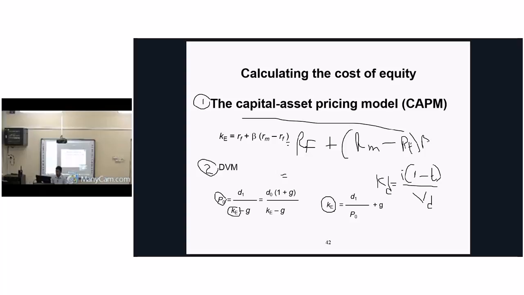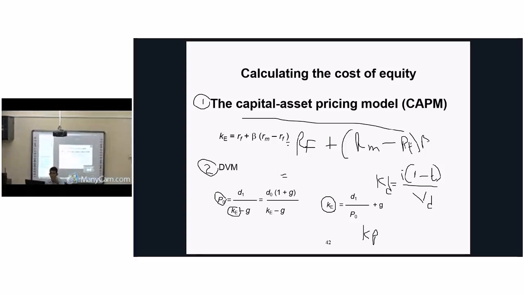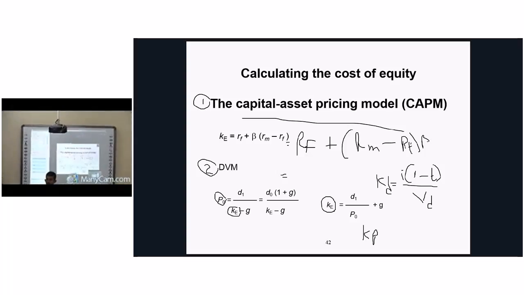And how do you calculate the cost of preference shares? We call this KP. What is the cost for preference shares? Cost means in return, when you issue preference shares, what we should give, that is the cost for the business. If the company issues preference shares, we have to give a fixed dividend for them every year. The difference of preference shares from ordinary shares is that you have a fixed dividend.